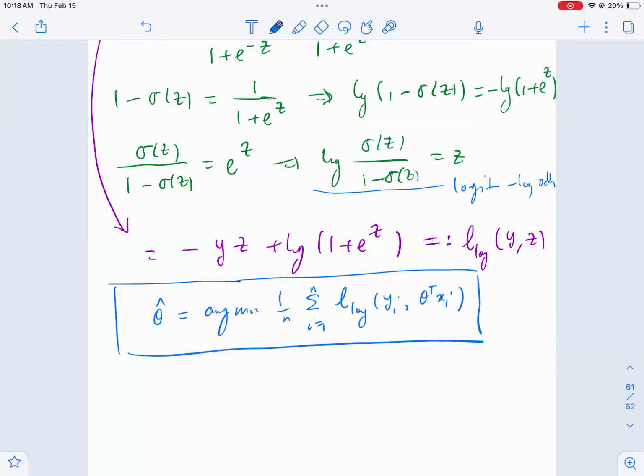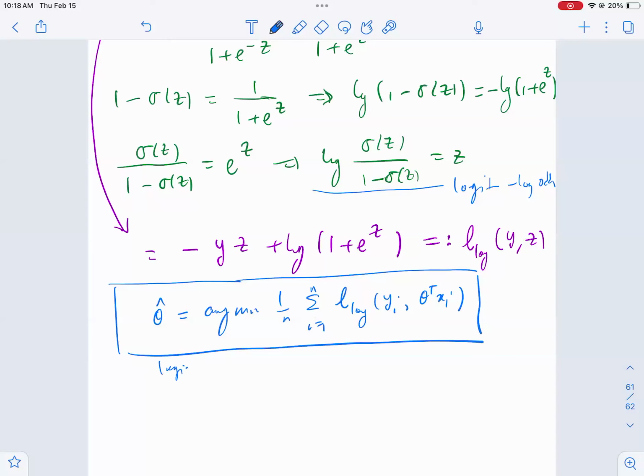With this log loss, I get binary classification. You can also replace it and do classification with quadratic loss, and it's not necessarily that bad. But this log loss is connected to everything in logistic regression.